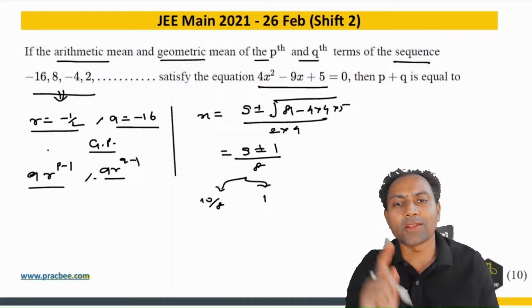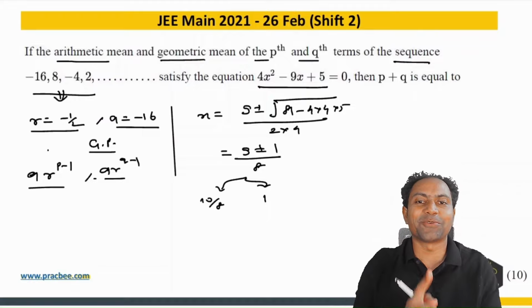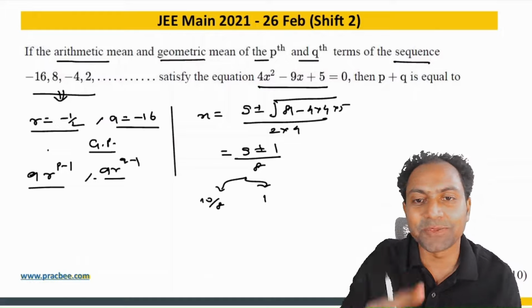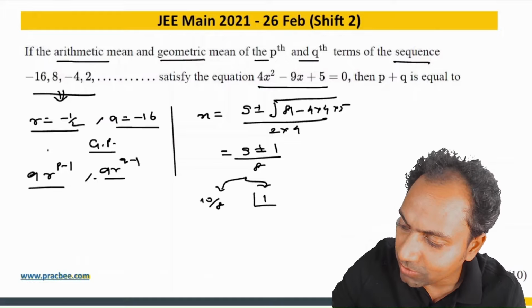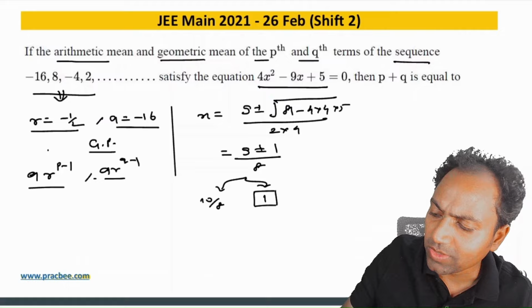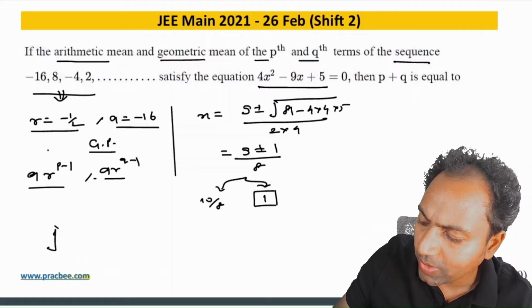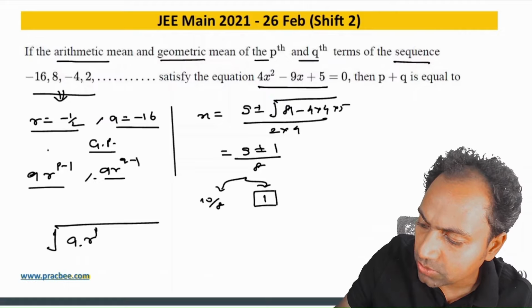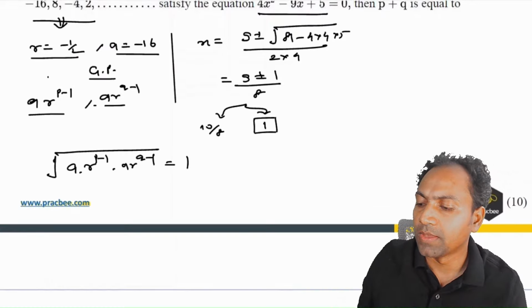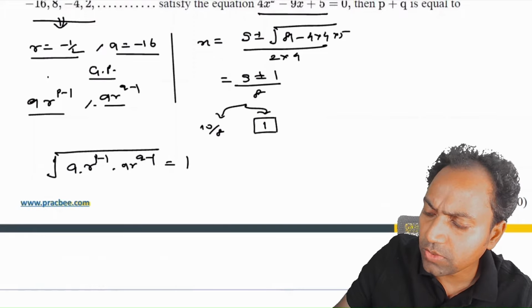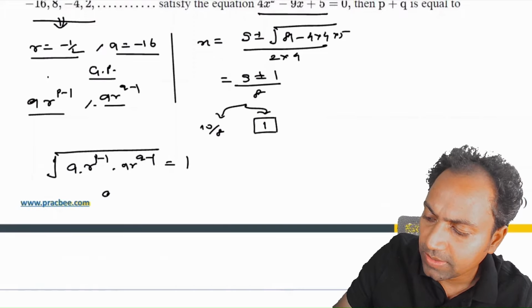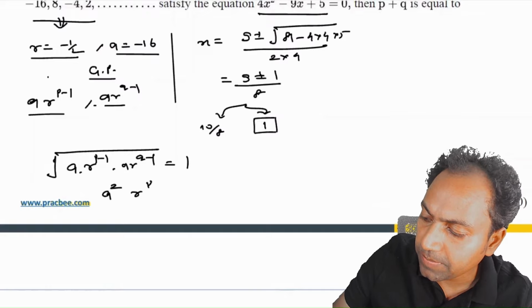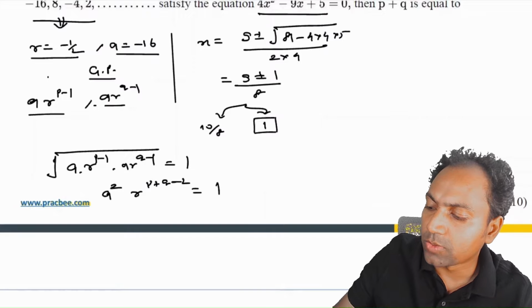Now see, the smaller root is going to be the GM and the greater root is going to be the arithmetic mean, because AM is always greater than or equal to GM. So I will have to consider this root. So if I consider this root, what they are saying is the square root of a r raised to the power p minus 1 into a r raised to the power q minus 1 should be equal to 1. So if I do this, what you can observe from here is a square r raised to the power p plus q minus 2 will be equal to 1.